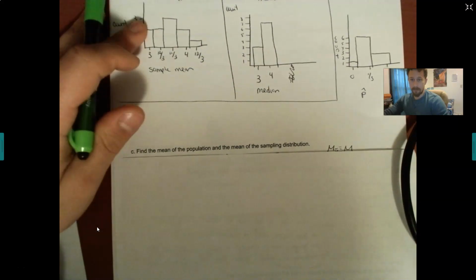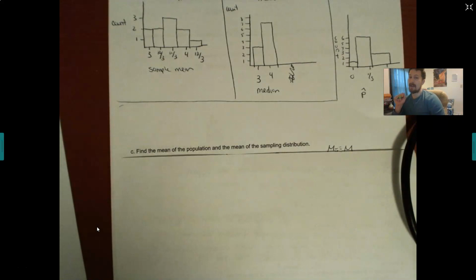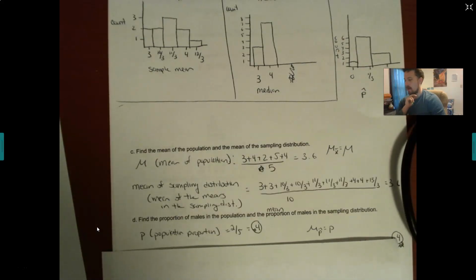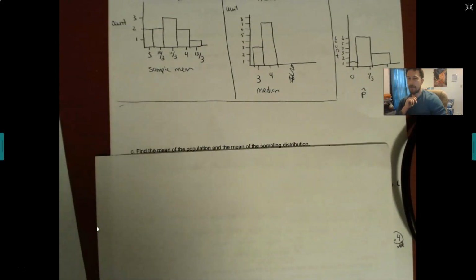Find the mean of the population and the mean of the sampling distribution. I feel like I have this worded differently in your notes.